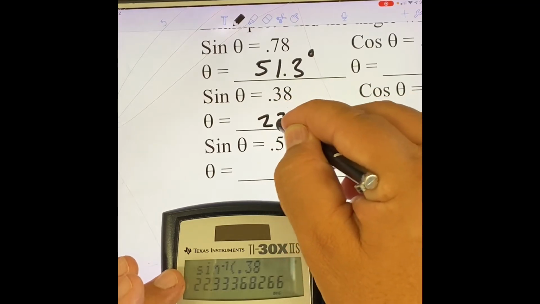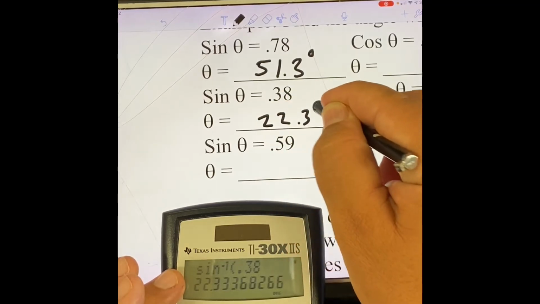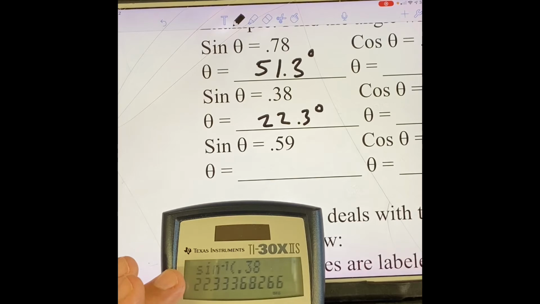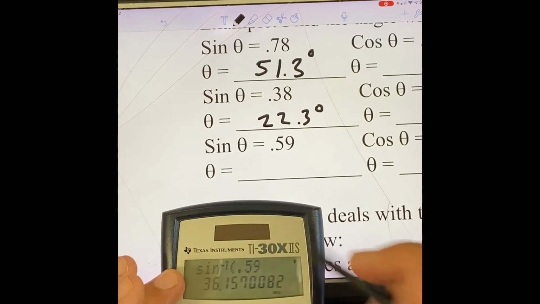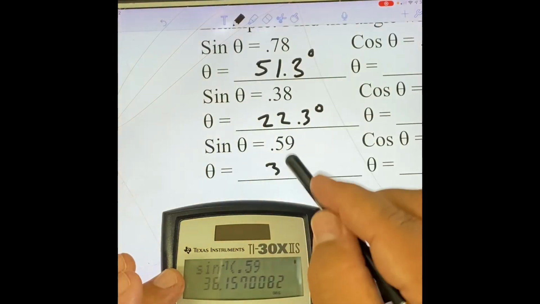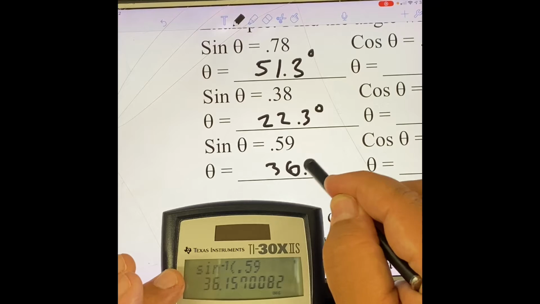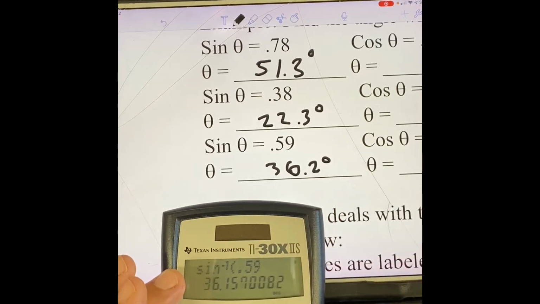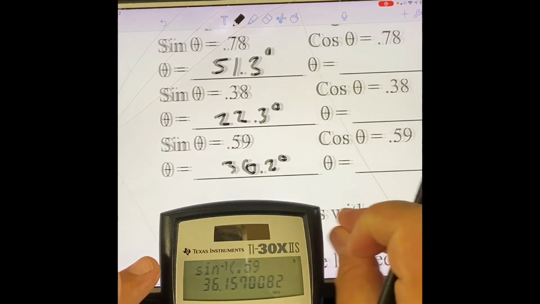And we get 22.3 degrees. And for the third one, we're going to go arc sine of 0.59. And for that last one, you can see we're getting 36.2 degrees. So there's the first column.